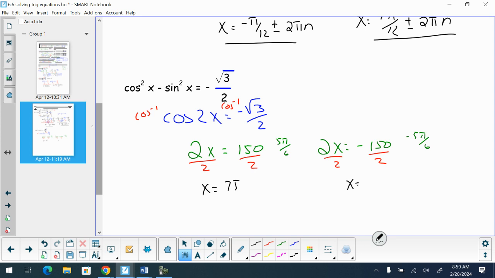Here, x would equal negative 75. If you dealt with this in radian form, dividing by 2 is like multiplying by 1/2. So this would give me 5 pi over 12 and negative 5 pi over 12.